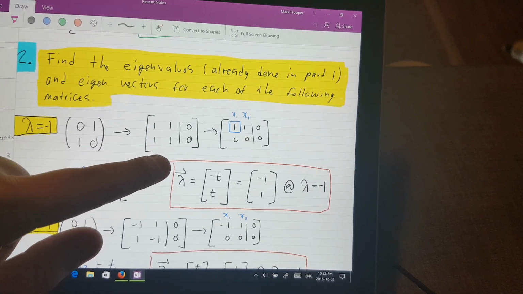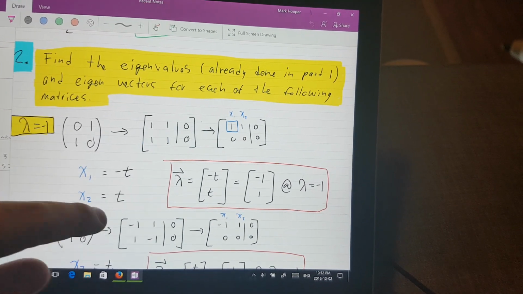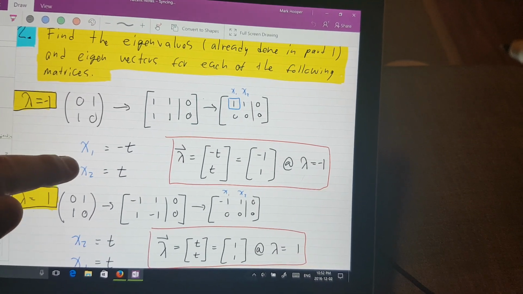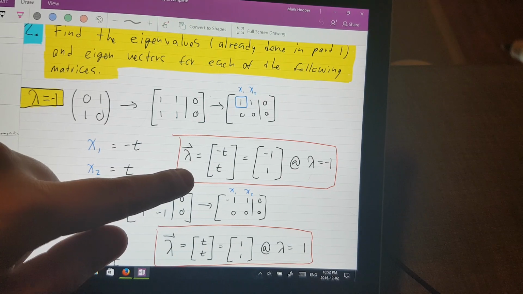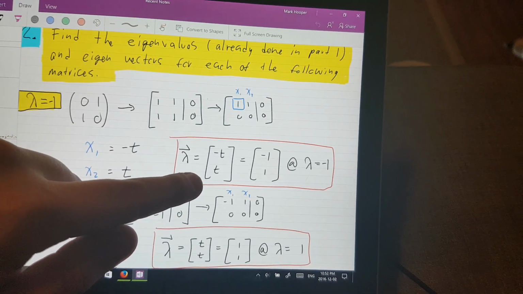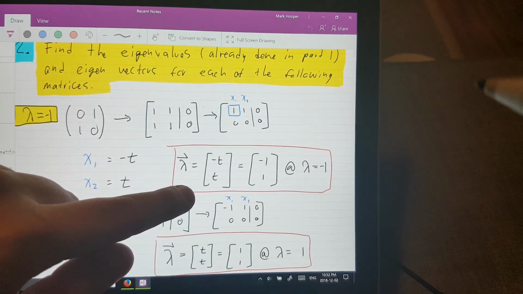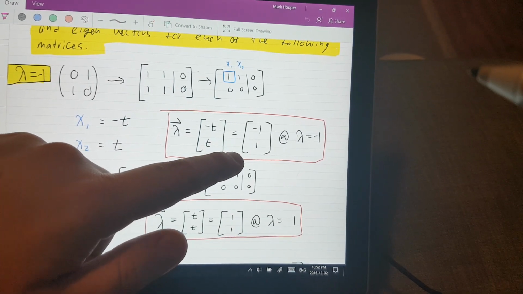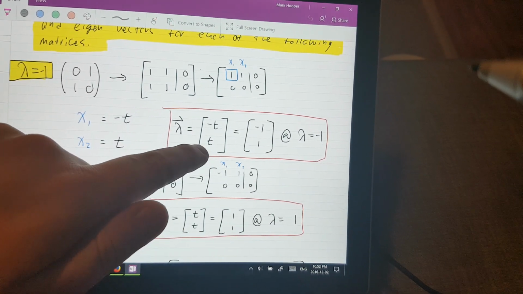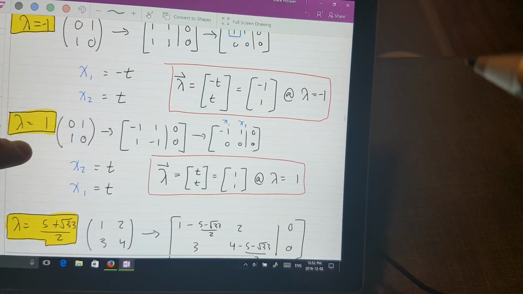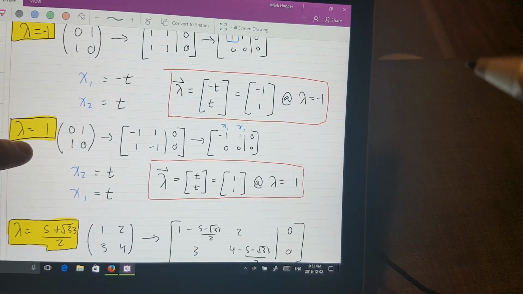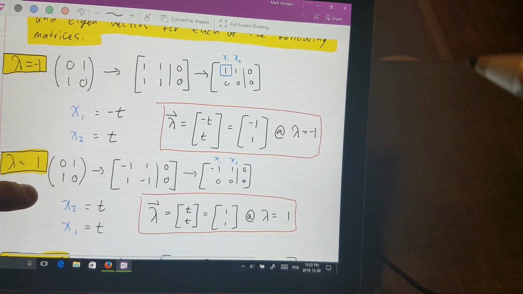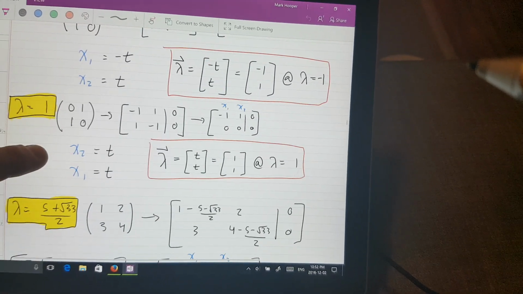So you augment that with zeros, and you solve for your parameters in this case, and you get an eigenvector in this form. And I'm just going to plug in t equals 1. And so at lambda equals minus 1, this is an eigenvector. The eigenvectors are in this form. Okay, yeah, lambda equals 1.